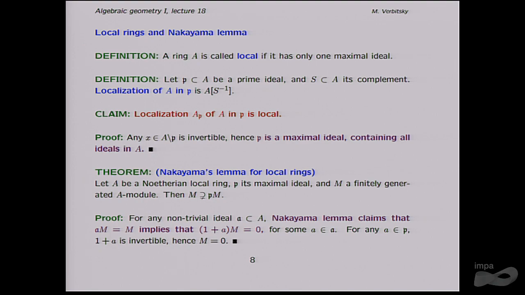Okay, now I have this Nakayama lemma for local rings.